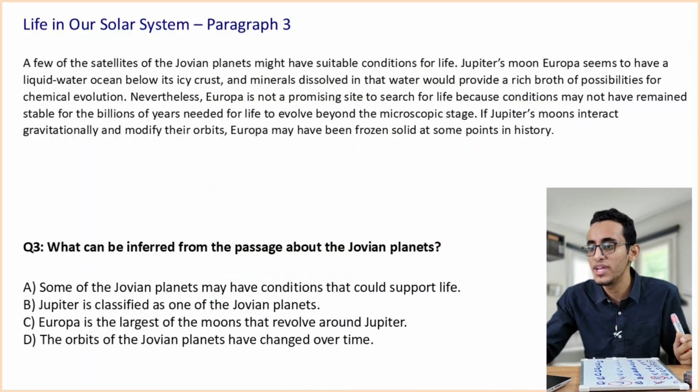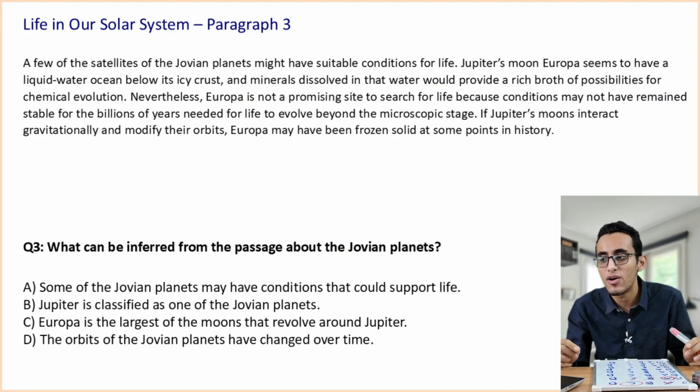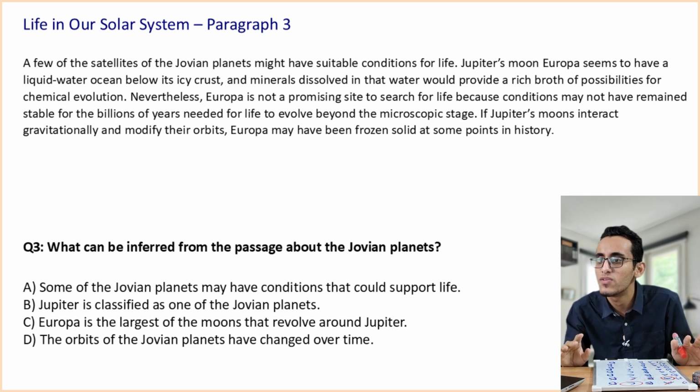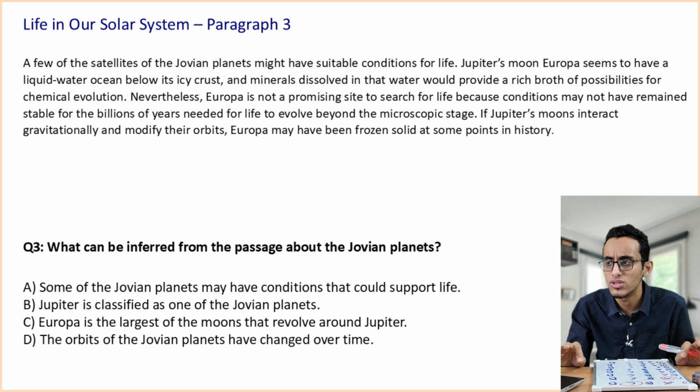So question number 3. What can be inferred from the passage about the Jovian planets? The same. Jovian planets. Keyword. What's true about it? Okay, a few of the satellites of the Jovian planets might have suitable conditions for life. Jupiter's moon Europa seems to have a liquid water ocean below its icy crust.